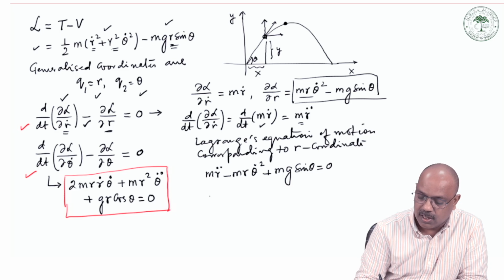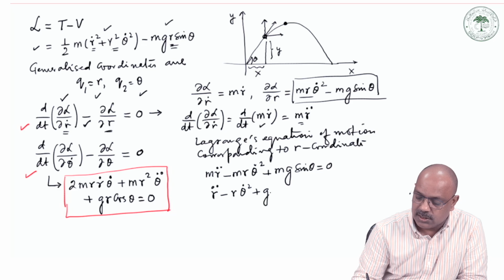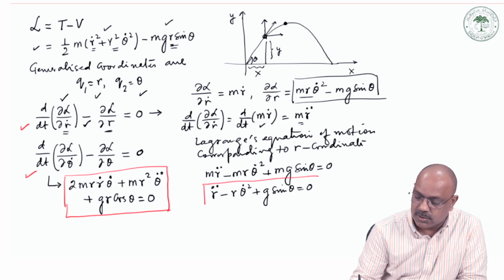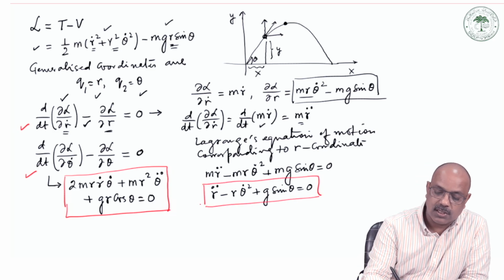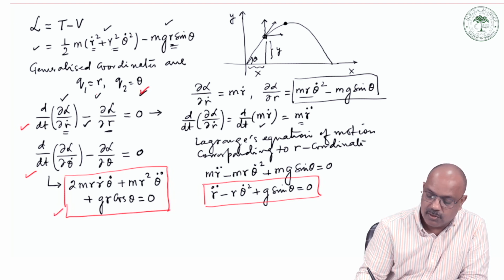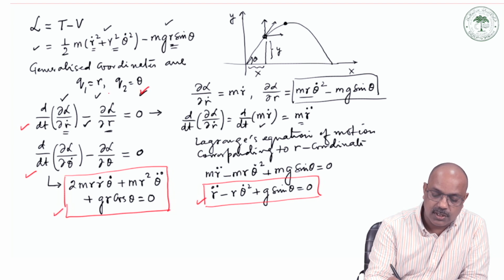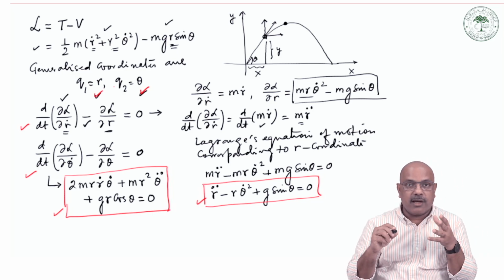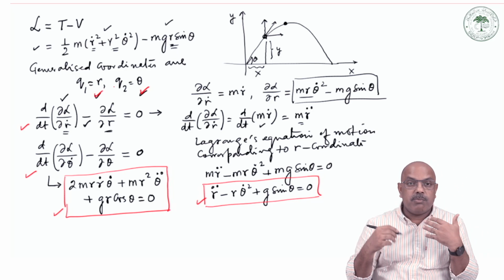If I take m common, this is going to be m times (r double dot minus r theta dot square plus g sine theta) equal to 0. So this is my second equation of motion, the Lagrangian equation of motion corresponding to the r coordinate, and this one corresponding to the theta coordinate. So these are the Lagrangian equations of motion in plane polar coordinates.